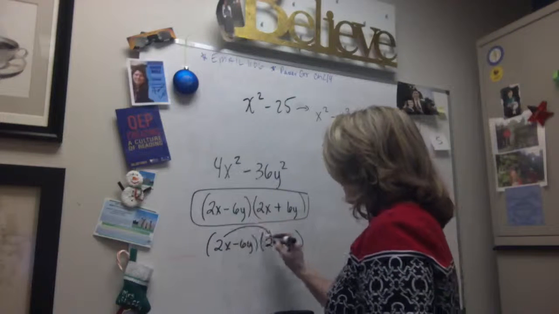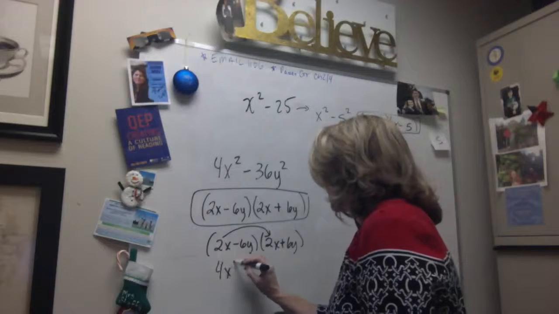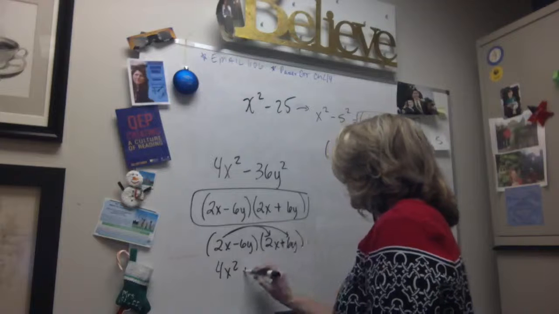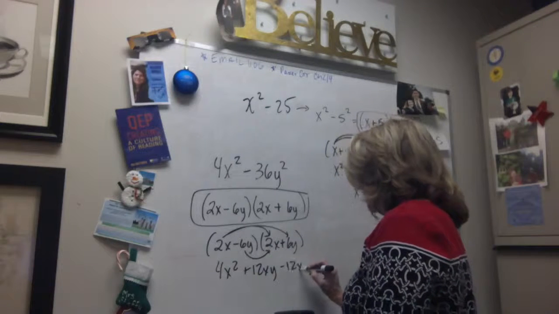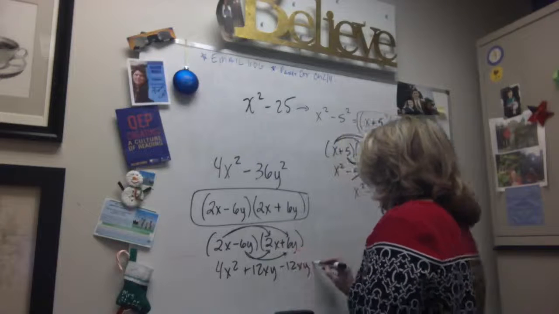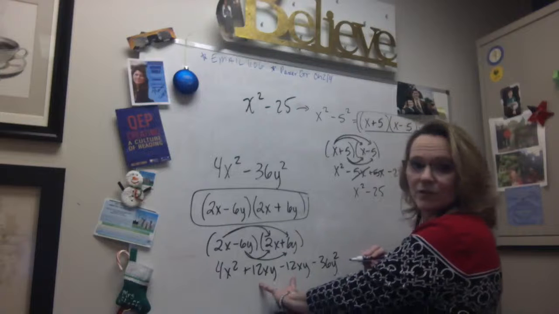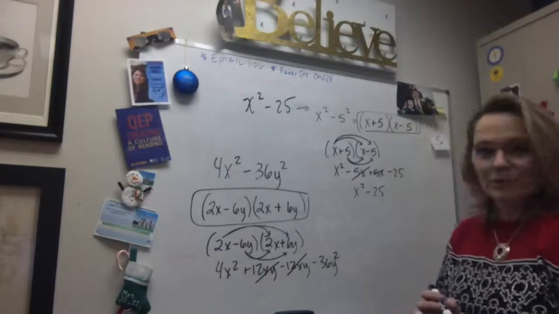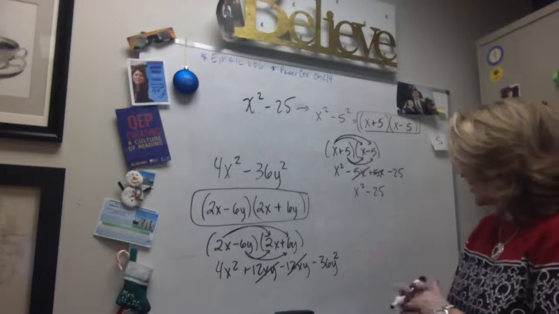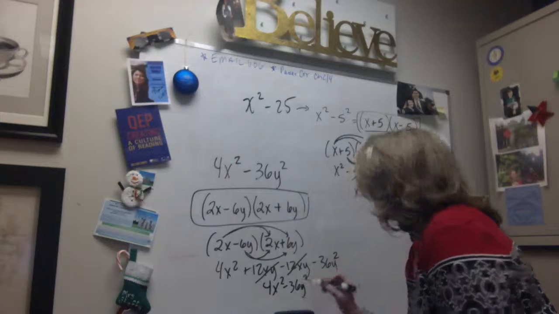And if I distribute, or FOIL, which is what most of us call it, I get 4x squared plus 12xy minus 12xy minus 36y squared. Do you see the additive inverses that showed up here again? Once again, as they ought to, they cancel each other out, and we get 4x squared minus 36y squared.